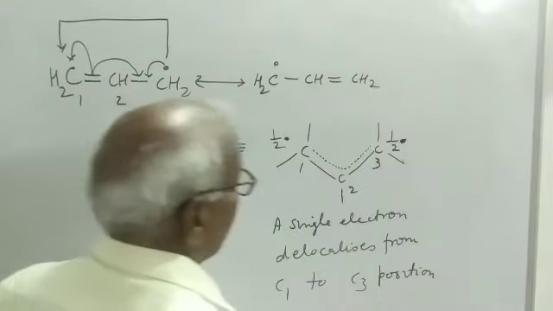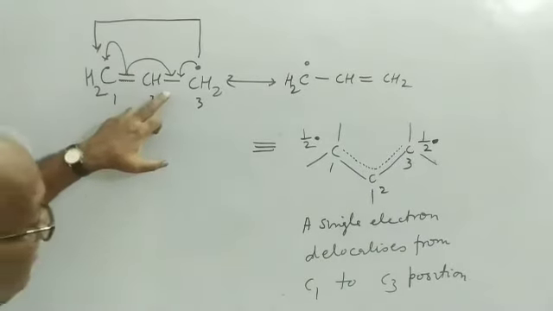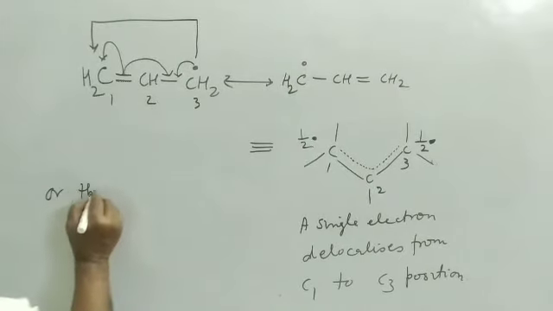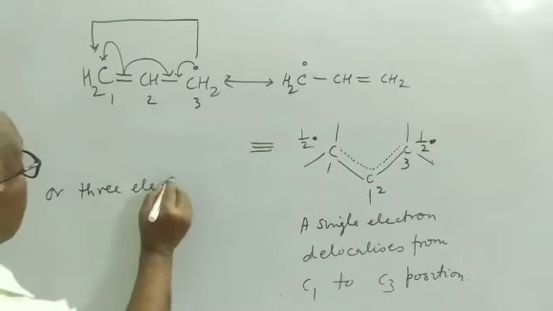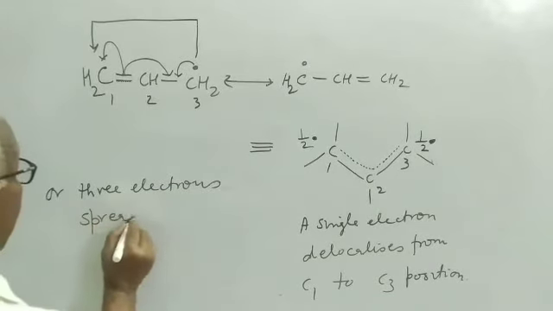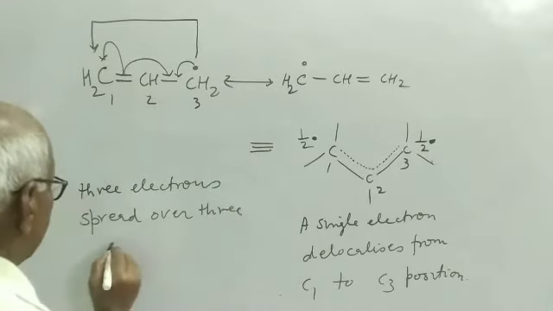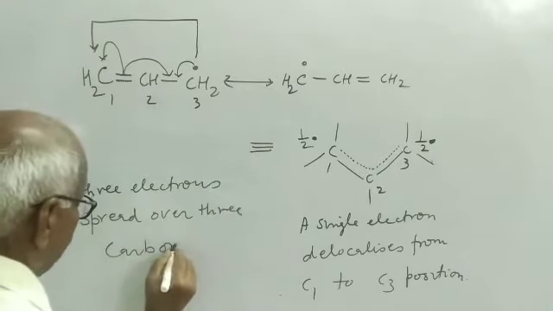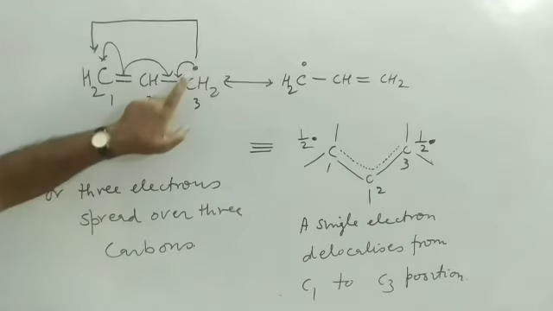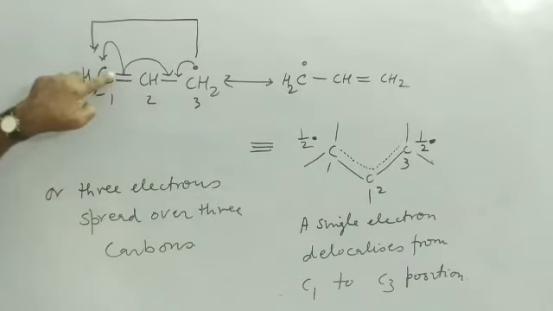Or in other words, you can say that 3 electrons spread over 3 carbon atoms. 1 carbon, 2 carbon, 3 carbon, and number of electrons, 1 electron is here, and 2 electrons from this bond.